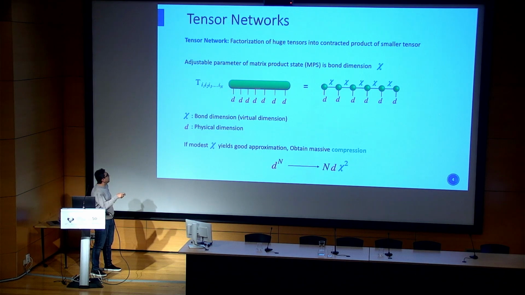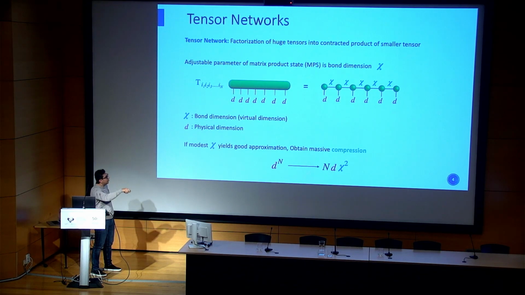You can see that the number of parameters in the tensor scales as d to the power n, which grows exponentially, which is very inefficient. However, tensor networks provide approaches that allow you to break these big objects and represent them as the product of smaller tensors. Still these dimensions are d, similar to here, but a new degree of freedom arises that later you will see refers to quantum entanglement, and you can represent its size with chi.